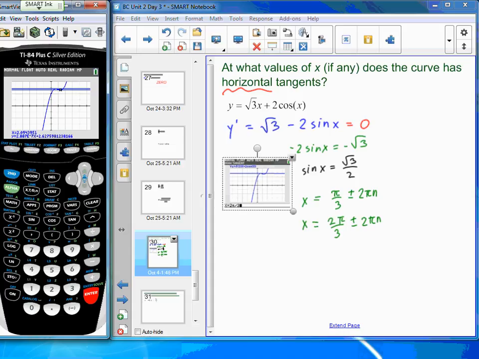Have you guys seen any other places? So what's going on here? Did you guys try zooming out? Yeah, and nothing. So what's going on?